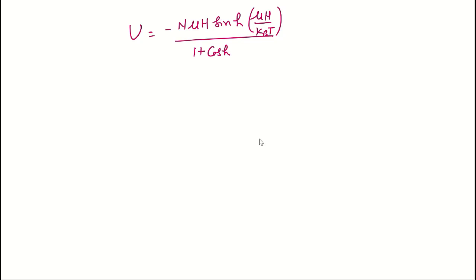So let me insert a page here, so that after solving it we obtain the final answer U, that is equal to minus n mu h sine hyperbolic mu h upon kbt, divided by 1 plus cos hyperbolic mu h by kbt.